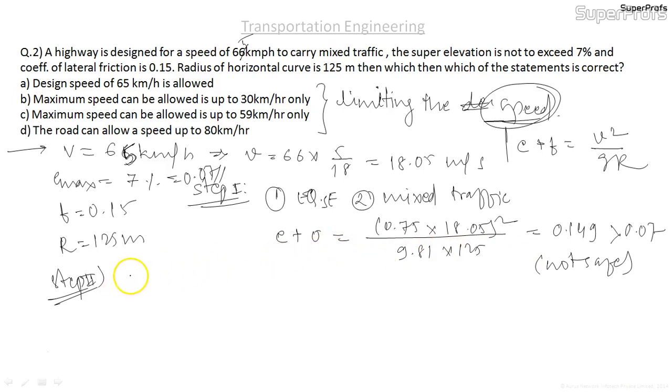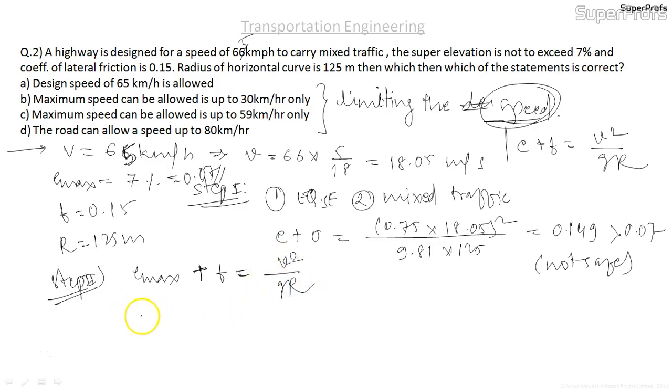So step 2 is, here we consider the maximum super elevation, and we check whether the friction is sufficient or not. So we will be checking for the friction. So Emax plus F equal to, the full design speed is considered, so V square upon GR.